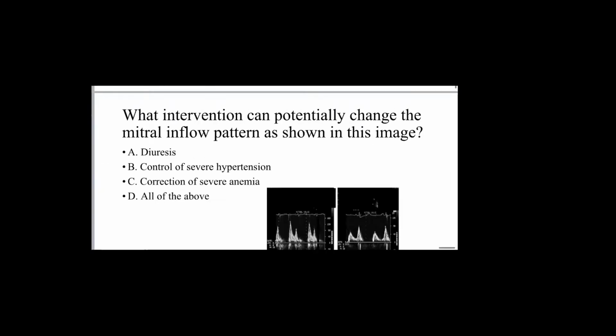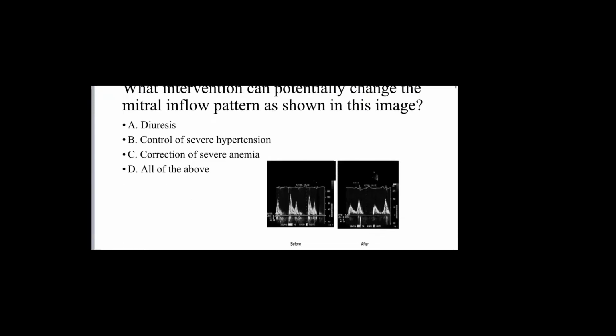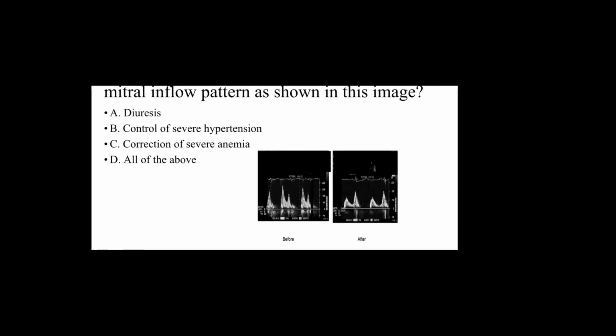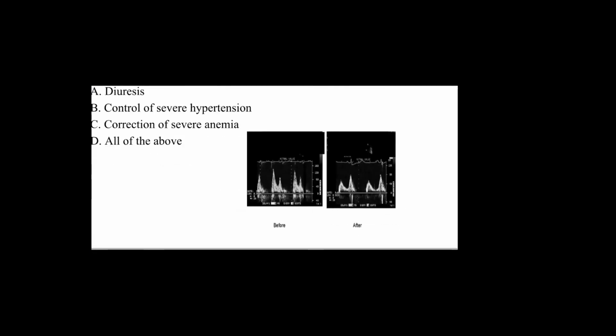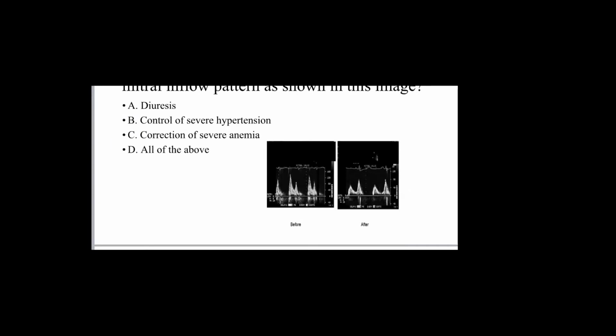What intervention can potentially change the mitral inflow pattern as shown in this image? Before and after. Diuresis, control of severe hypertension, correction of anemia, all of the above. All of the above. Can you explain? This mitral inflow before is showing a restrictive pattern of diastolic dysfunction. Very good.